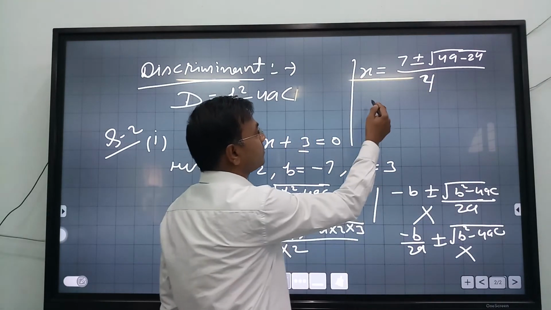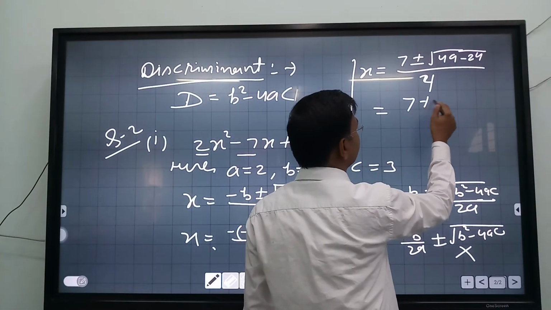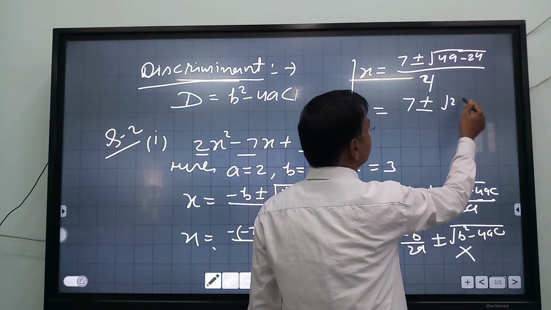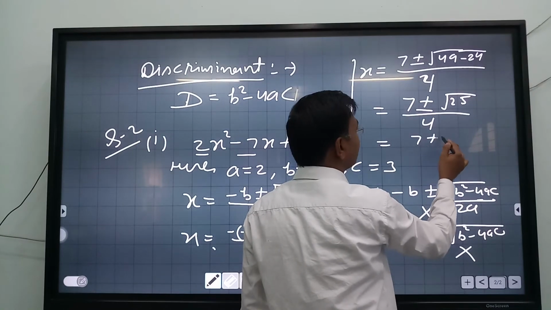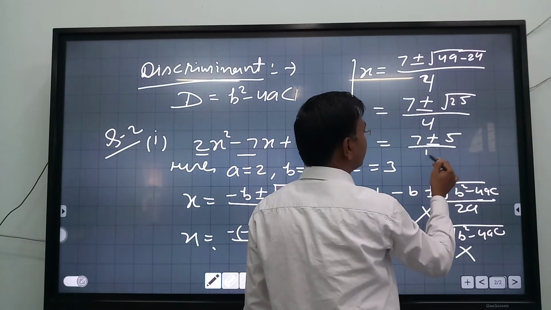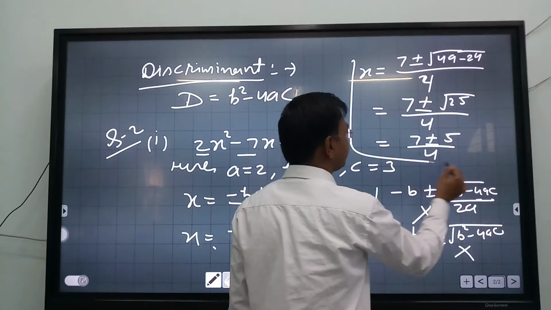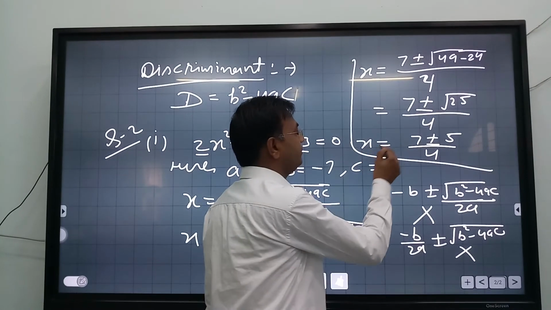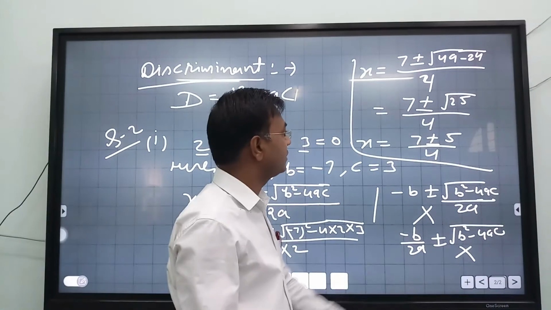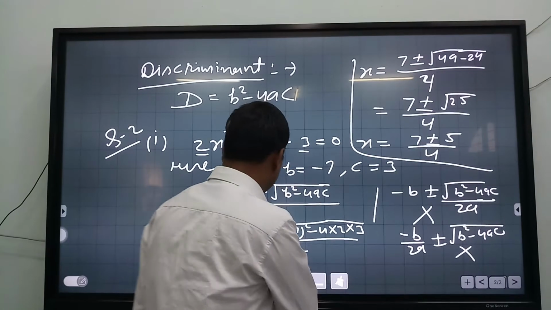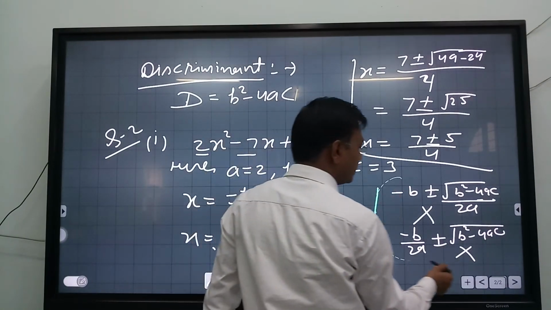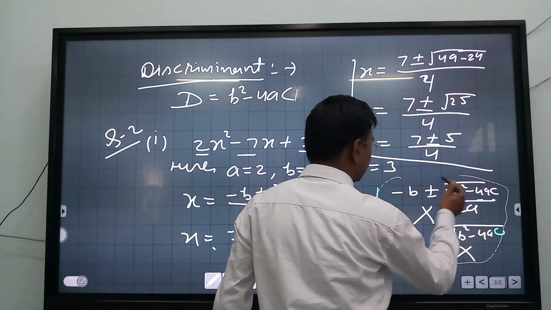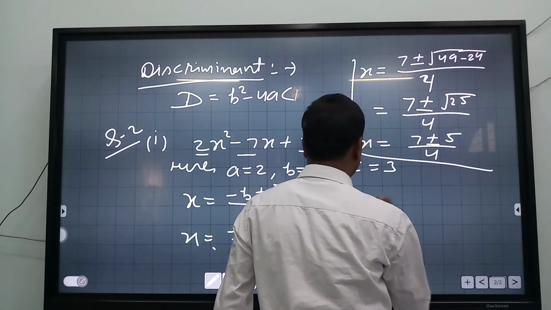So this will be 7 plus minus under root 25 upon 4, 7 plus minus 5 upon 4. Now we have to consider two signs, that is plus or minus. I remove this wrong representation; do not write in this way.